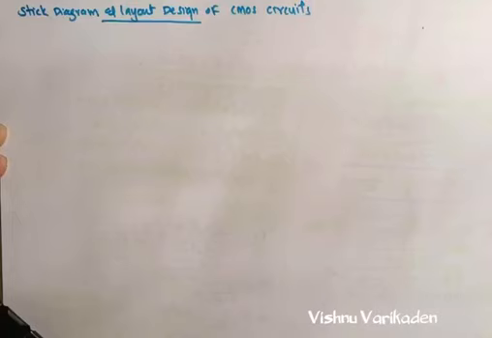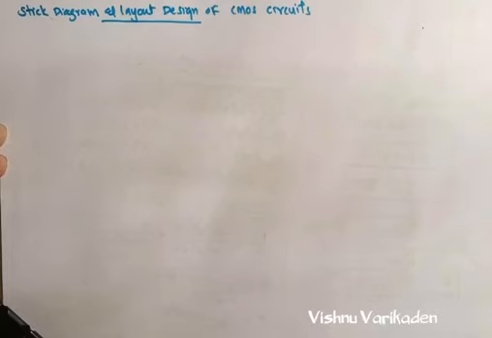But one of the main things about a stick diagram is that it cannot give any size of these components or size of these layers.